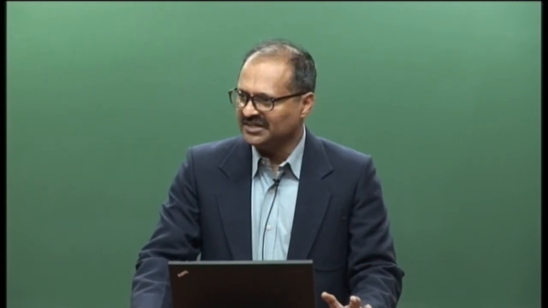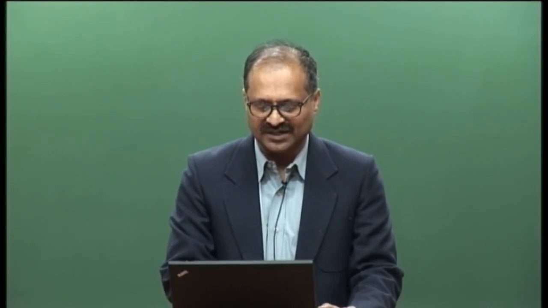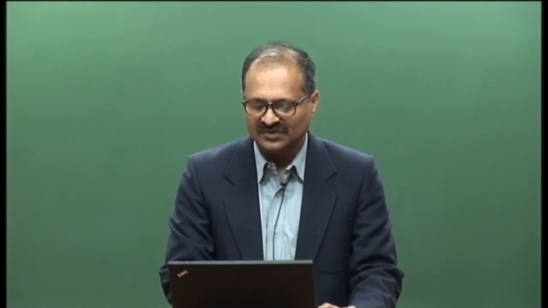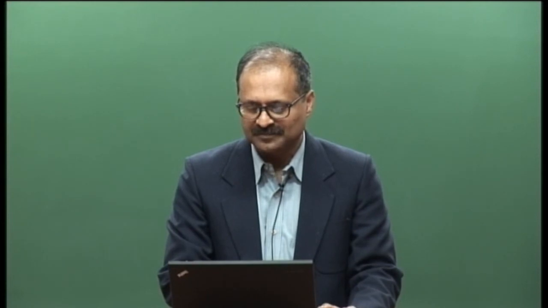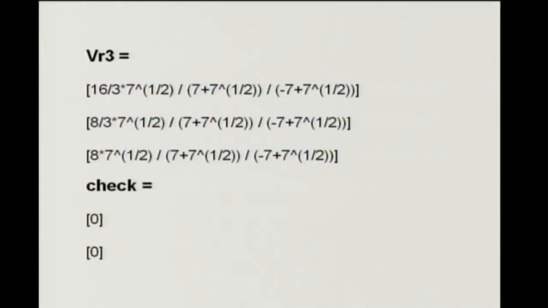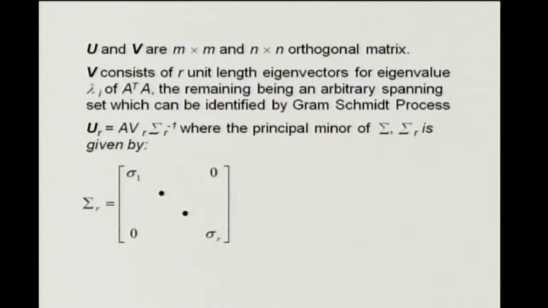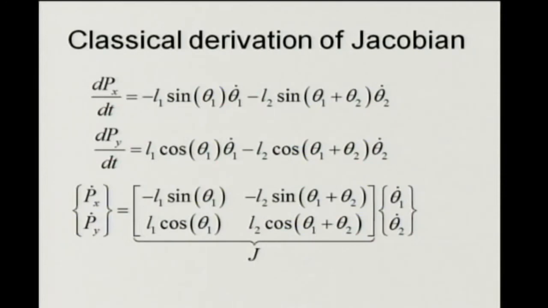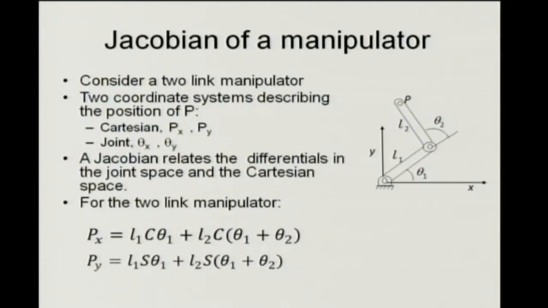Now, the very easy way of doing that is to simply do it the way it's been done here, which is you write out expressions, like I've written expressions for Px and Py. I write expressions for Px, Py, Pz of the end effector, and I start taking derivatives.